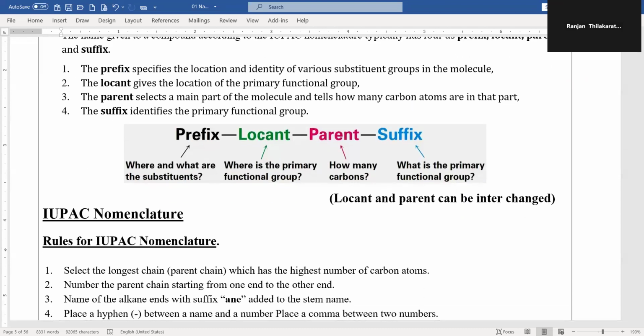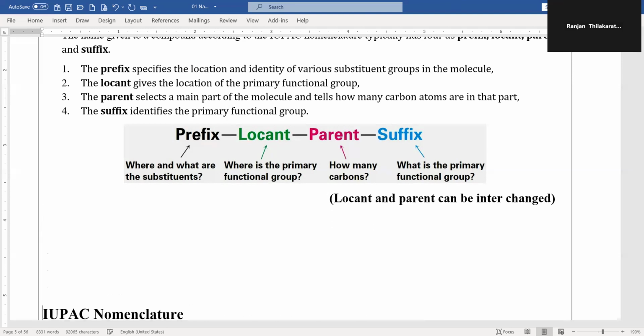Prefix indicates all the substituent groups. Where and what are the substituents? To which carbon the substituent is attached, that is where. And what means, what is the substituent group?